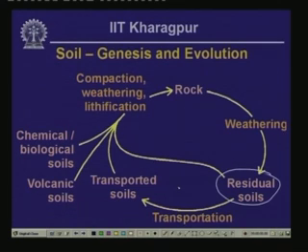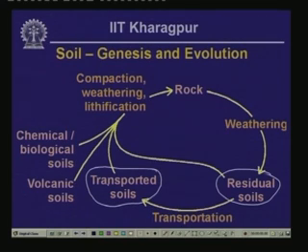Residual soils can then be transported from the place where they originally formed by different agents of transportation like water, wind, glacier ice, or even a submarine current, and they give rise to another class of soils called transported soils.